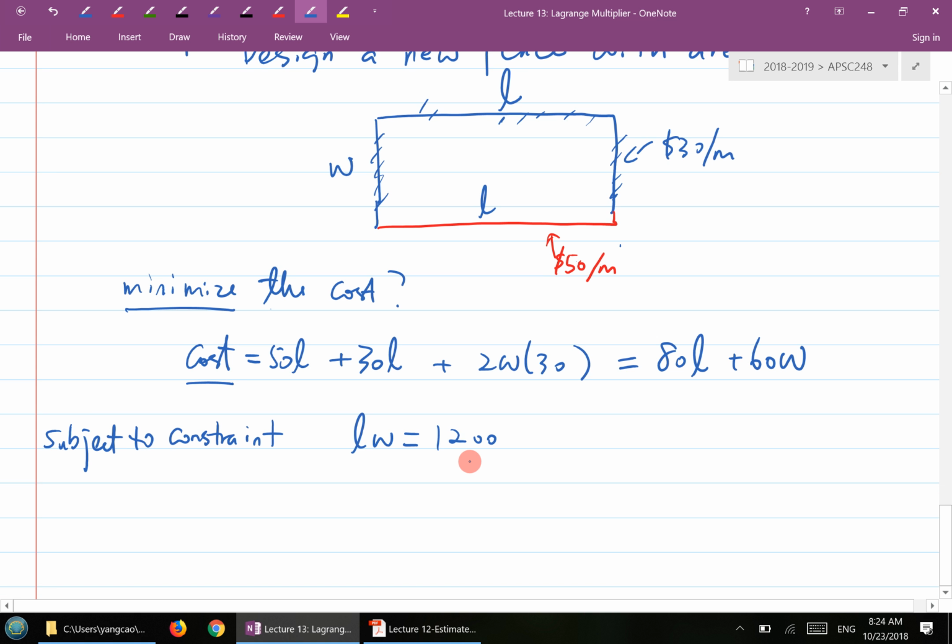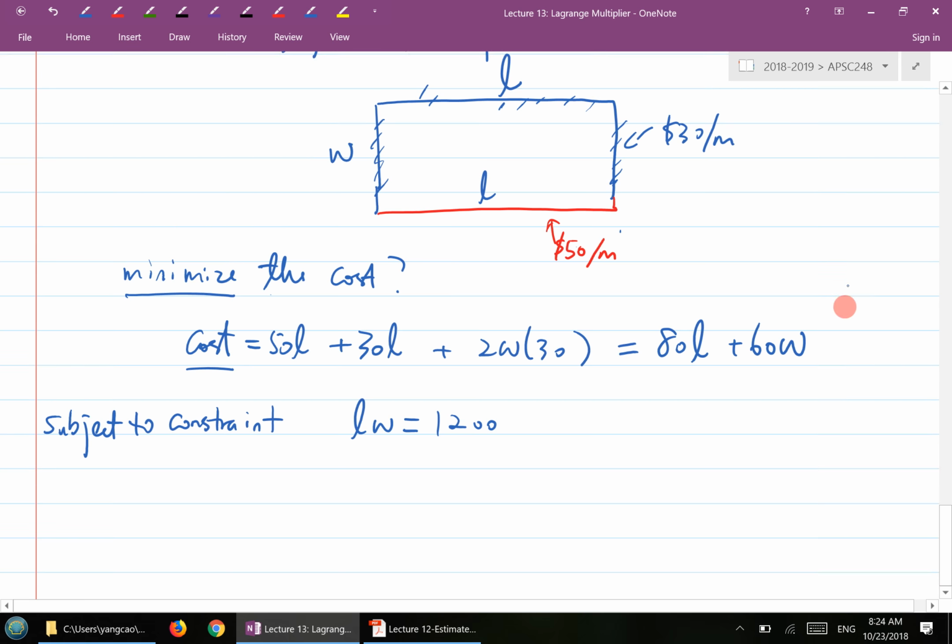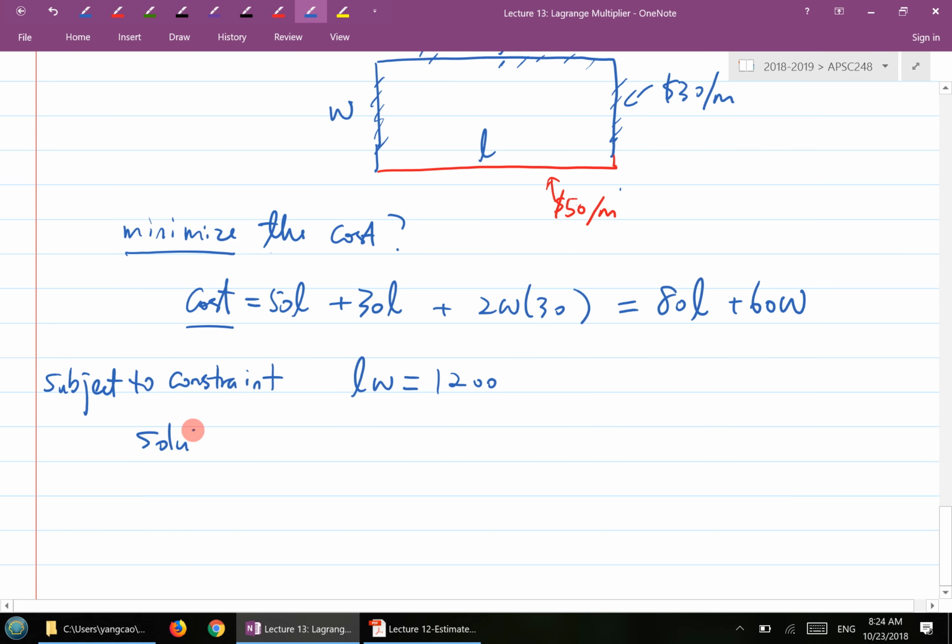So to solve this, we'll have a general approach following this example, but I think you probably tried to solve this question before, with the following solution using substitution. Let's say this is the constraint.